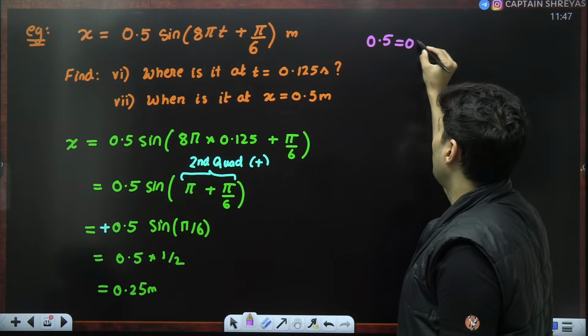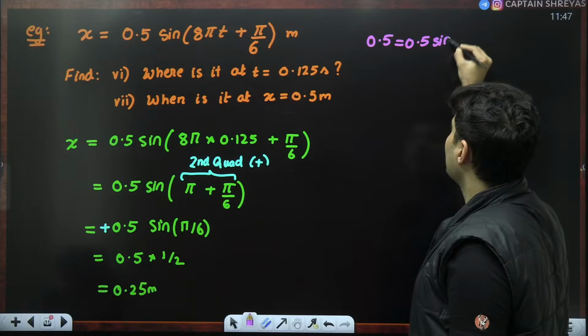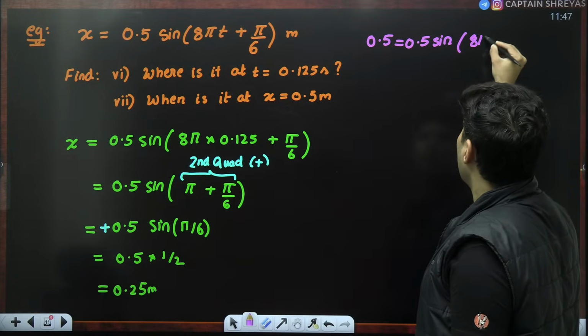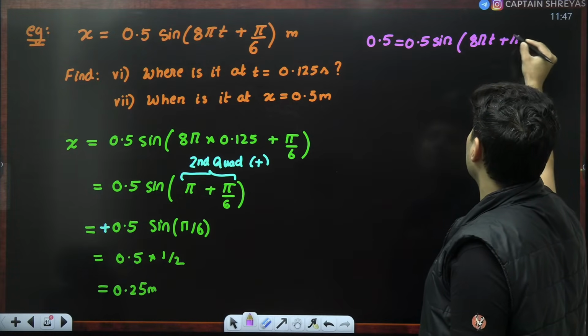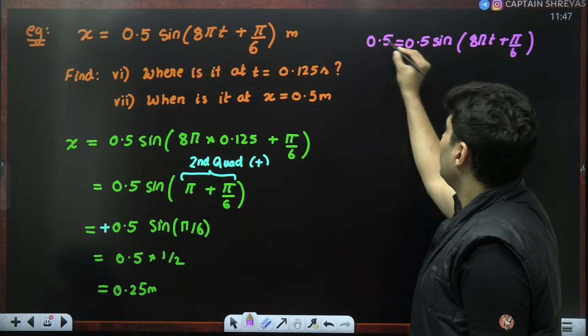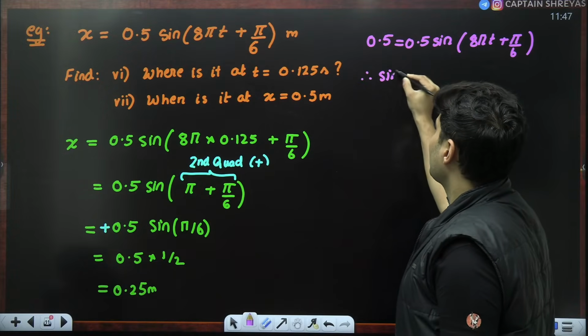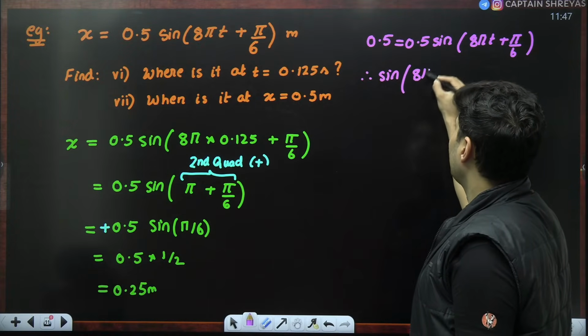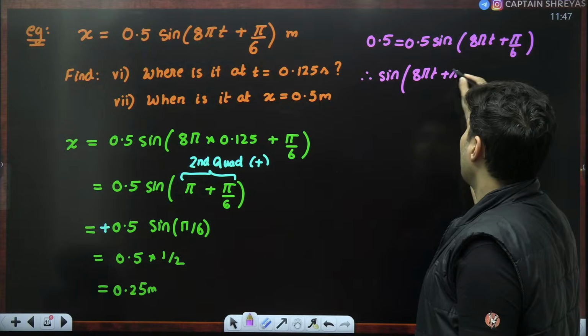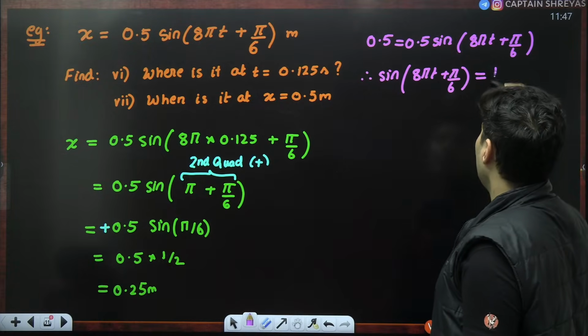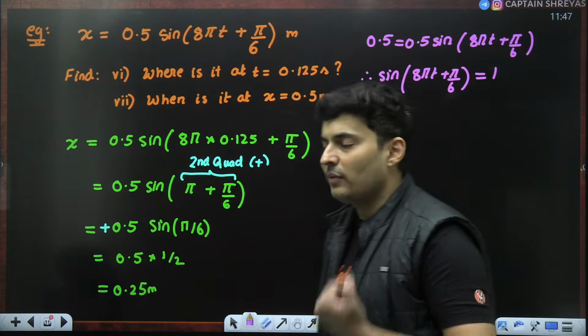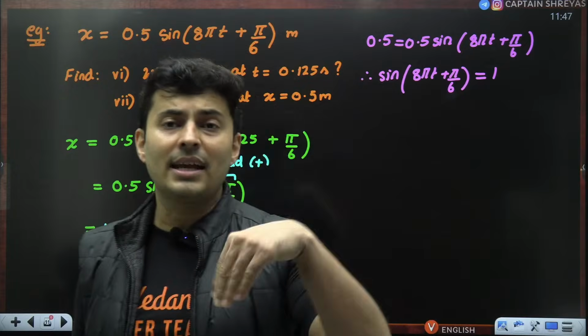Okay, so I'll get 0.5 is equal to 0.5 sine of 8 pi t plus pi by 6. 0.5 cancels. So sine of 8 pi t plus pi by 6 will be 1. Whose sine is 1? When is the sine value going to be 1?